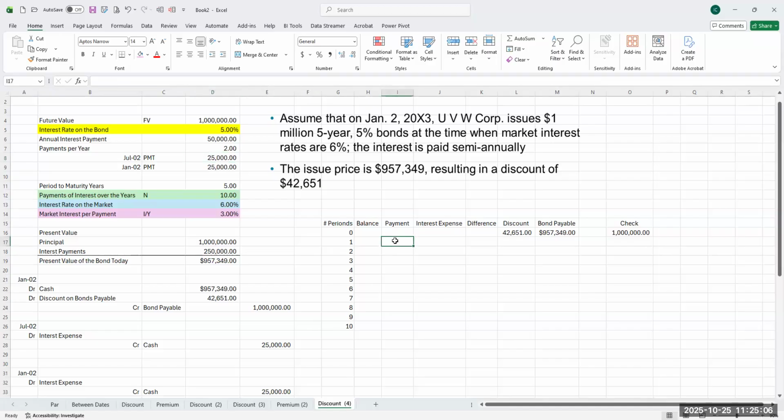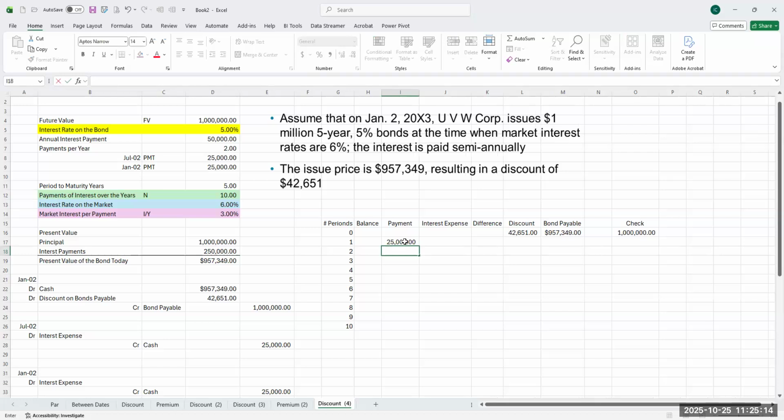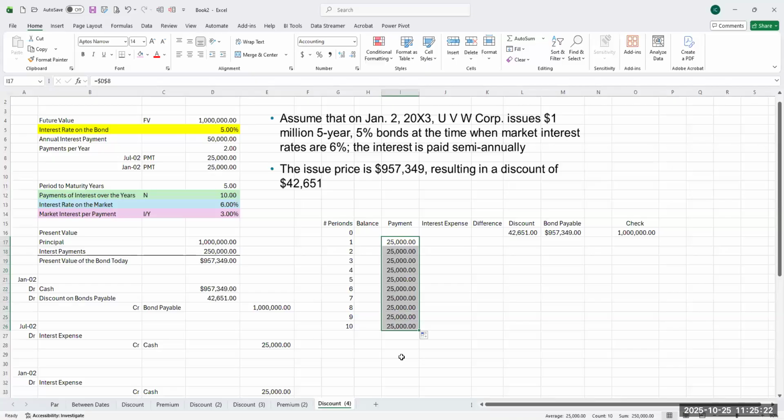No. So I can easily plug this column with the 25,000, the same amount over and over again. I can easily lock this cell and go all the way down, because I know that in total I have to pay $250,000 over the 10 times when I pay the 25.